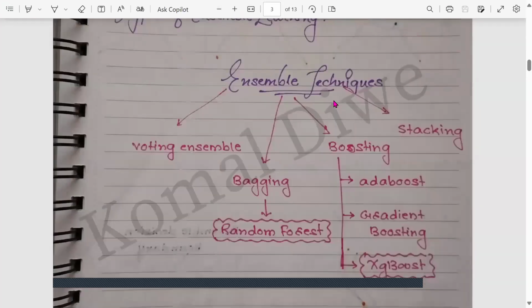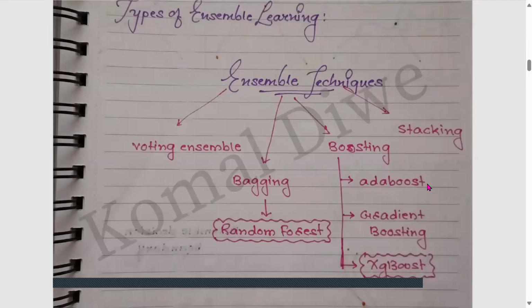Then boosting, where we read AdaBoost, gradient boosting, and XGBoost, and next stacking. Overall, there are four types of ensemble technique.